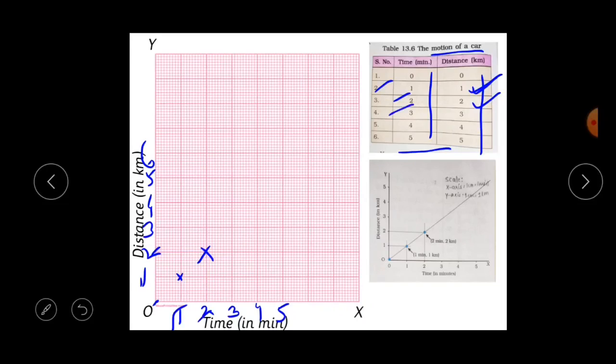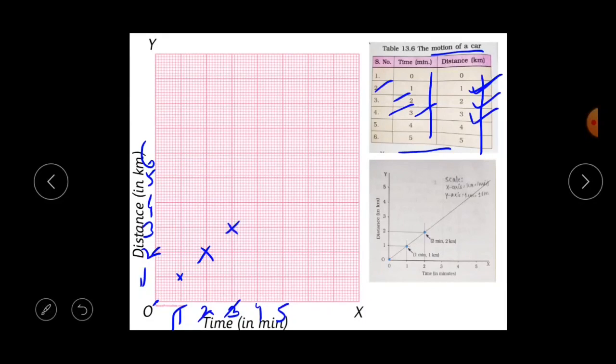Okay, next is the third. In 3 minutes, sorry, the car has traveled 3 kilometers. Where is 3 minute? Here. In 3 minutes it travels a distance of 3 kilometers, means here. Yes, isn't it? Your point should be very small here.